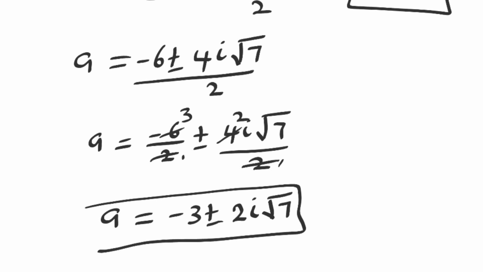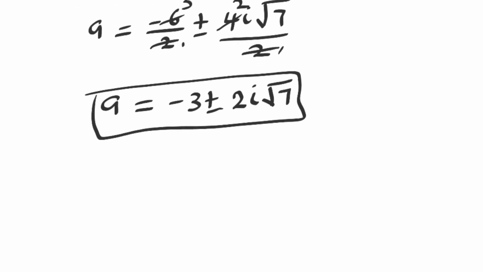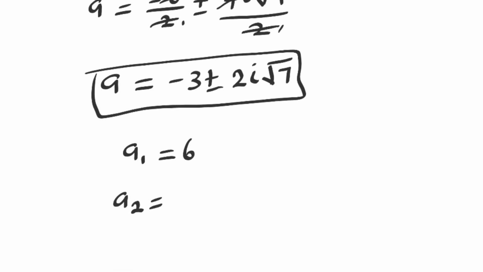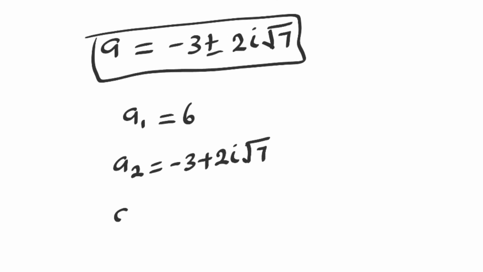These are other values of a. Therefore, our final answers are a1 is equal to 6, a2 is equal to minus 3 plus 2i root 7, a3 is equal to minus 3 minus 2i square root of 7.